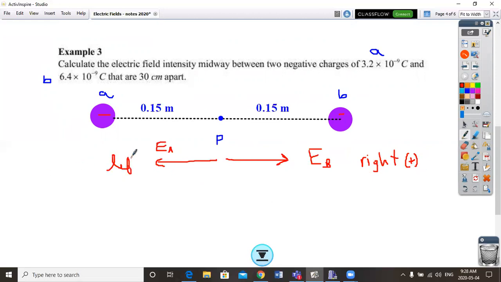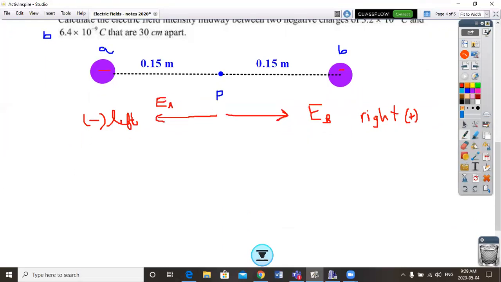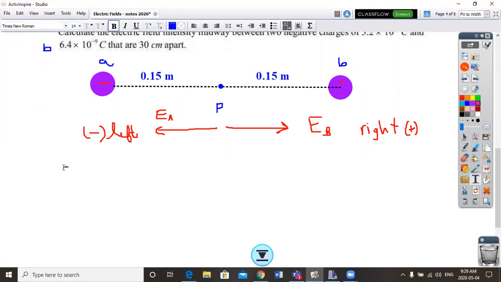And the left is the negative direction. So when we add these two fields, EA is going to be negative and EB will be positive. Our first order of business is to find the two fields. So kQ over r squared.